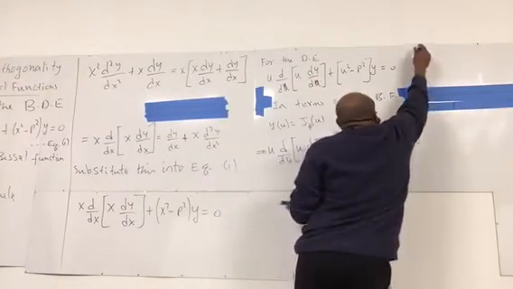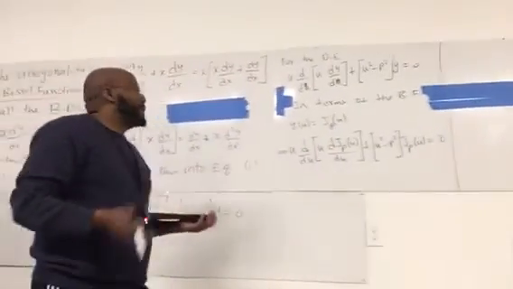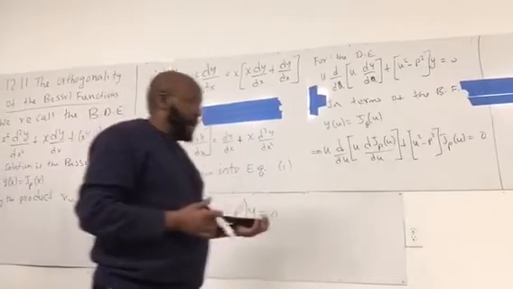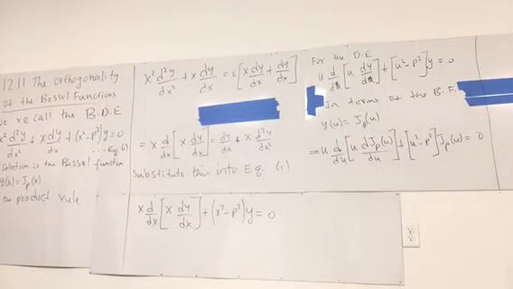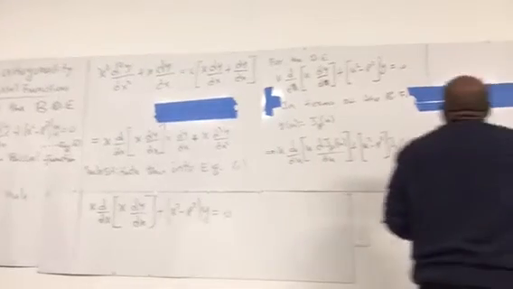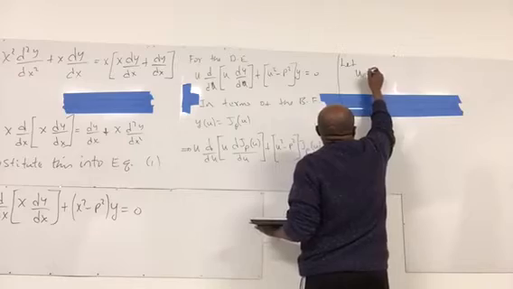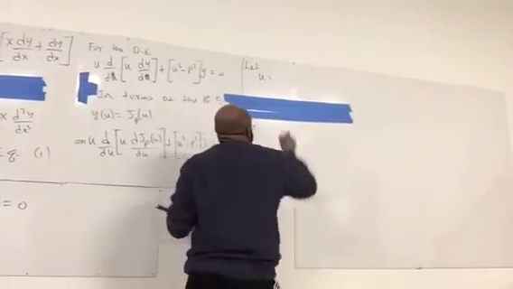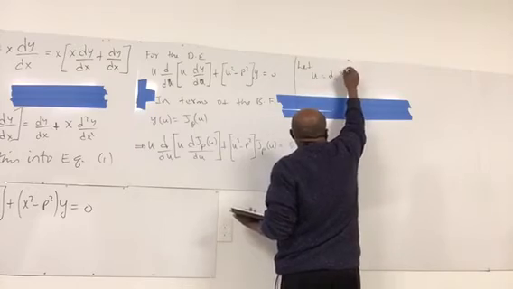Now next, I'm going to relate u and x by the following equation. Let's say u equals alpha_i x.